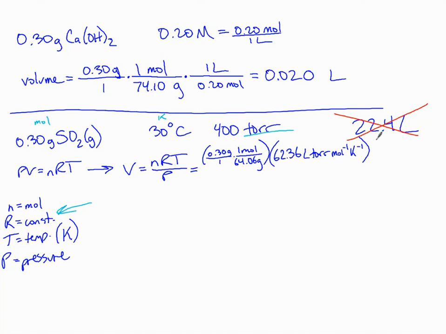Temperature. It's in terms of Kelvin. Let's do our temperature conversion down here. Celsius to Kelvin. You take your Celsius number, and the formula is actually on here. Let's find it. I think it's on the front. It is on the back.